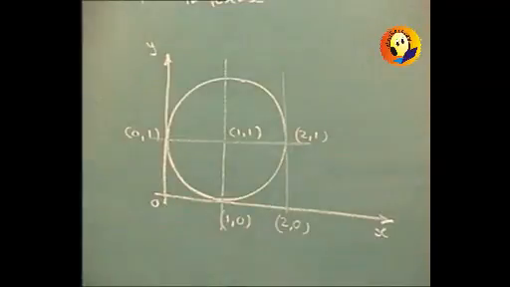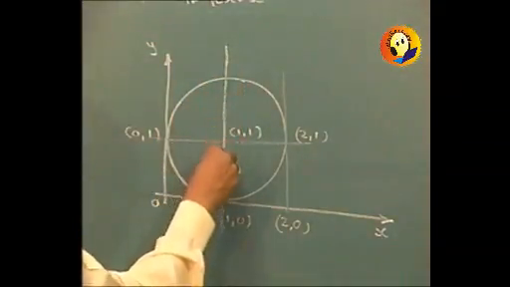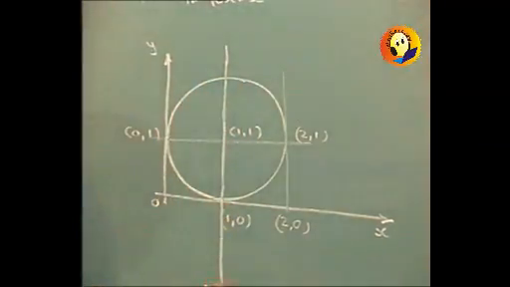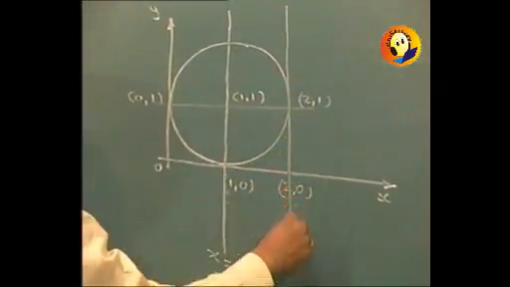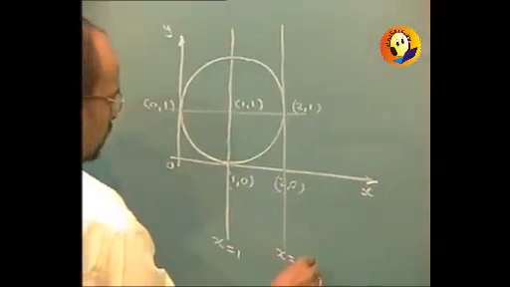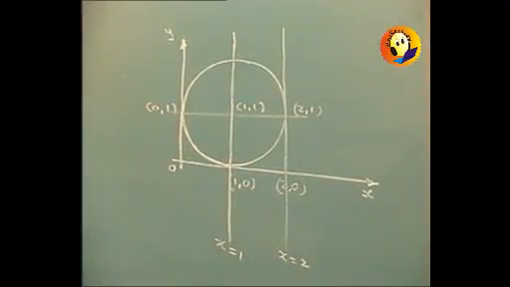So from the limits of y, we could draw the curve, and then he is writing limits of x as x equal to 1 and x equal to 2, and those two lines are respectively, this is the x equal to 1 line and this is the x equal to 2 line. How has he taken the strips?